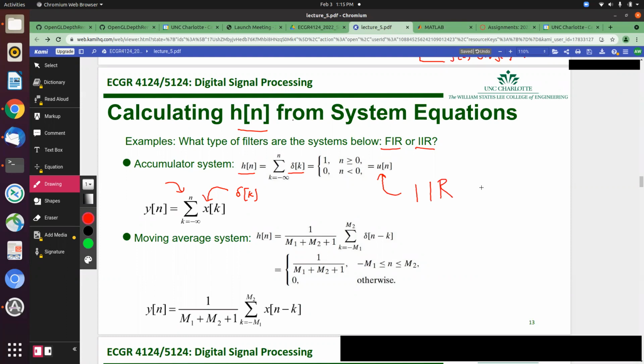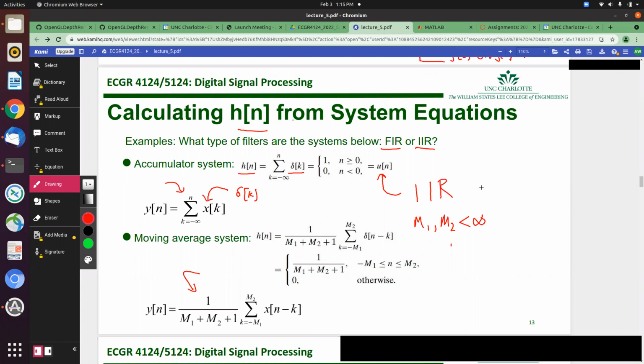Now the moving average filter. Now we're going to assume that M1 and M2 are less than infinity. They're not infinite. Okay. Under that circumstance, we have this input-output relationship, with this sum that goes from minus M1.